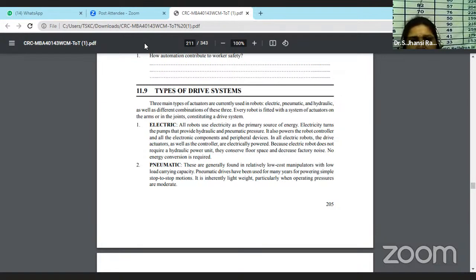Electric means robots use electricity as the prime source of energy, because they have been charged, and electricity turns the pumps that provide hydraulic and pneumatic pressure. It also covers the robot controller and all the electronic components and peripheral devices. In all-electric robots, the drive actuators as well as the controller are electrically powered, because an electric robot does not require a hydraulic power unit.